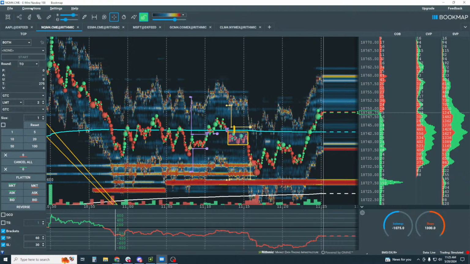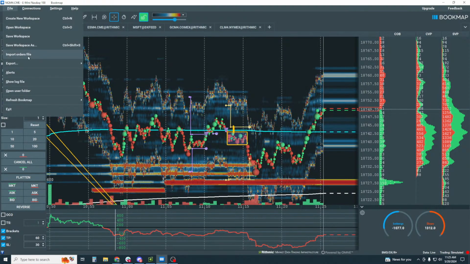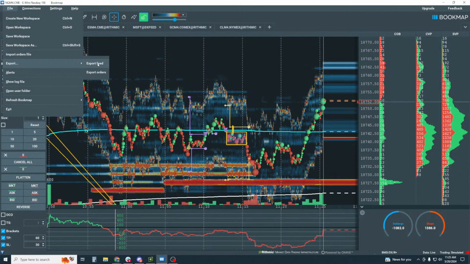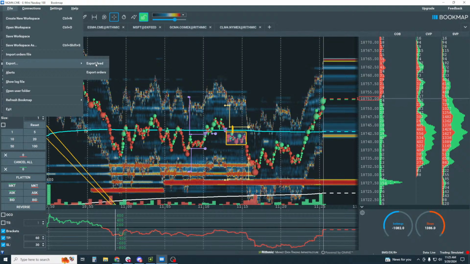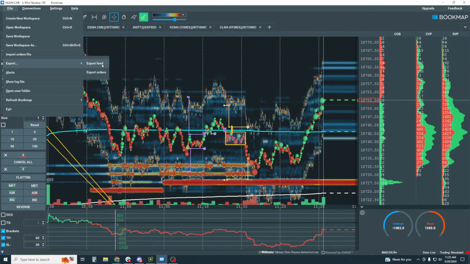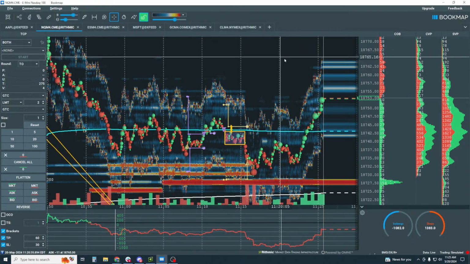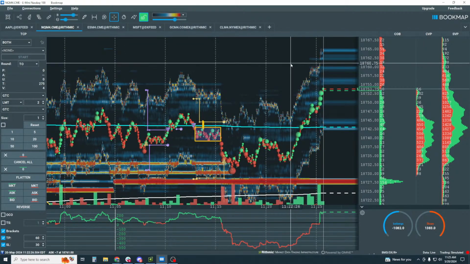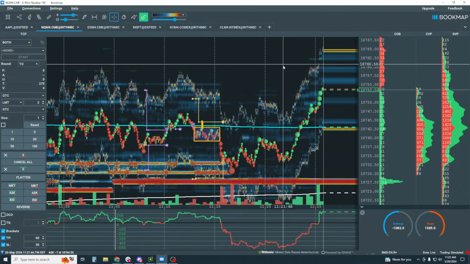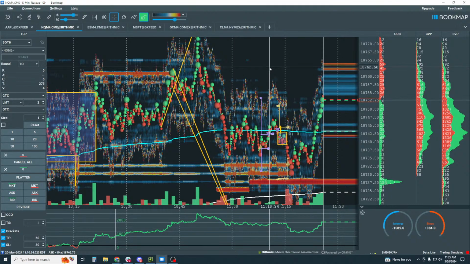So export your feed right here. If you didn't check the box when you first started Bookmap, in the run options, you might have to check that out. I'll have to take a look. It's a great feature. That's kind of a hidden gem there, Caesar. Let me look into it and we'll cover it tomorrow.